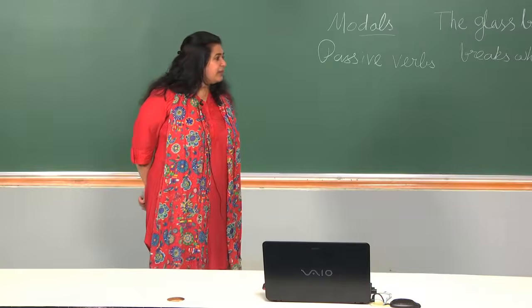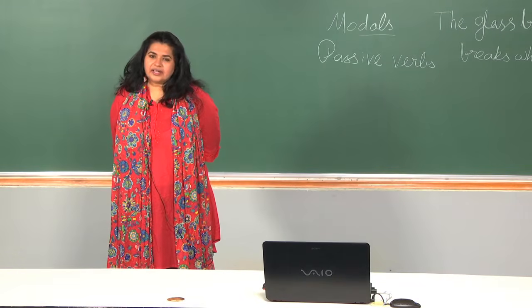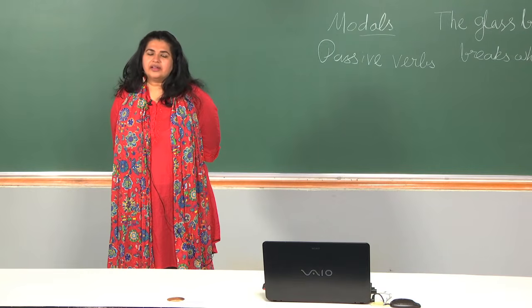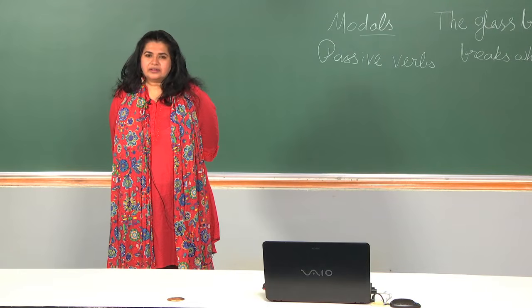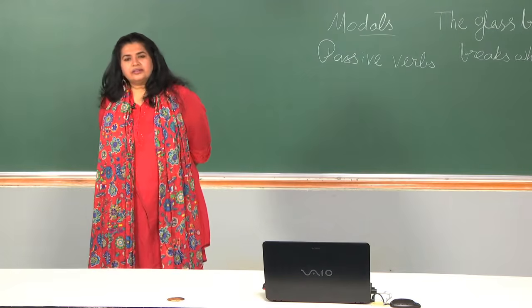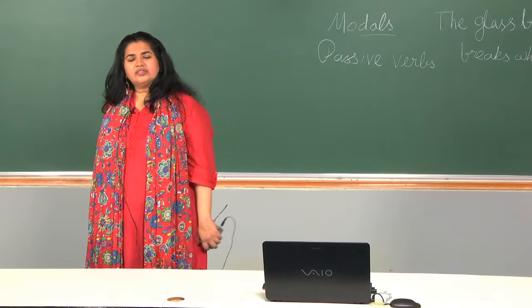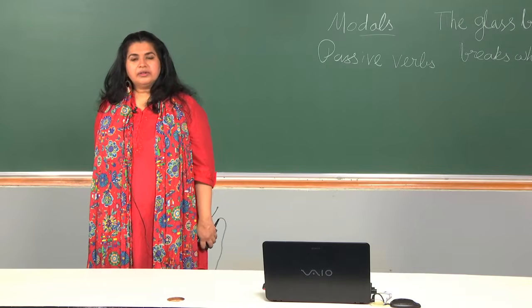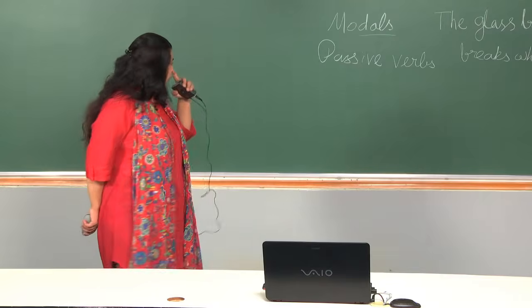Now, we have been talking about a variety of verbs, and there is another category of grammar, that is active and passive verbs, active sentences and passive sentences. Let us look at some passive sentences. In scientific English it has been noted, and it is also desirable, to use more passive sentences rather than the active form of the verb.